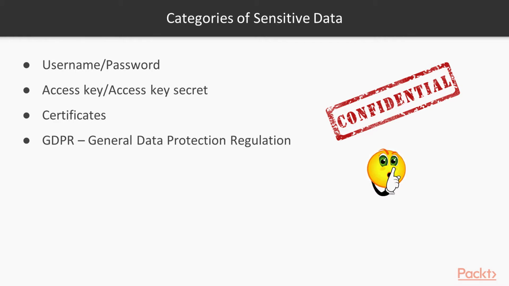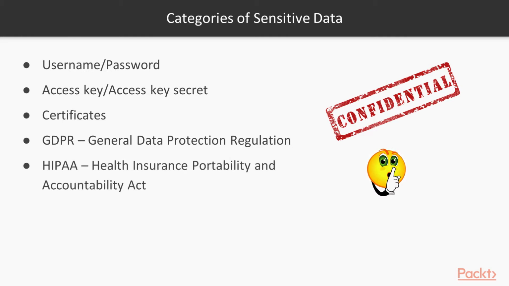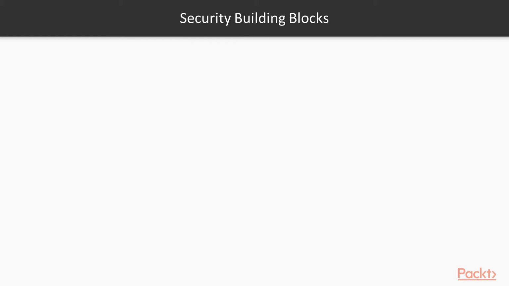Furthermore, privacy regulations such as GDPR, which stands for General Data Protection Regulation, and HIPAA, the Health Insurance Portability and Accountability Act, require us to keep our systems secure and the data they manipulate confidential.